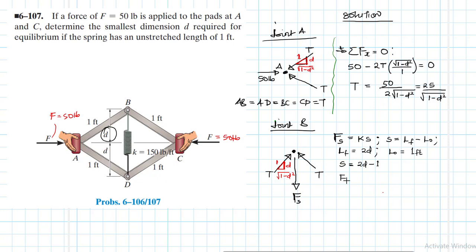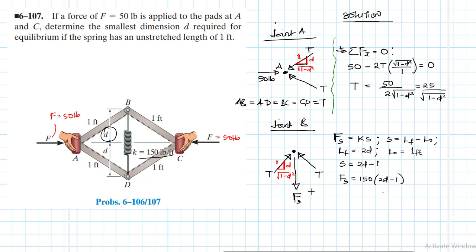And Fs is going to be equal to K, and we've been told K is 150, so it's 150 times (2D minus 1). This is good for now. We can simplify this further if you wanted to. Okay, so we have this Fs.